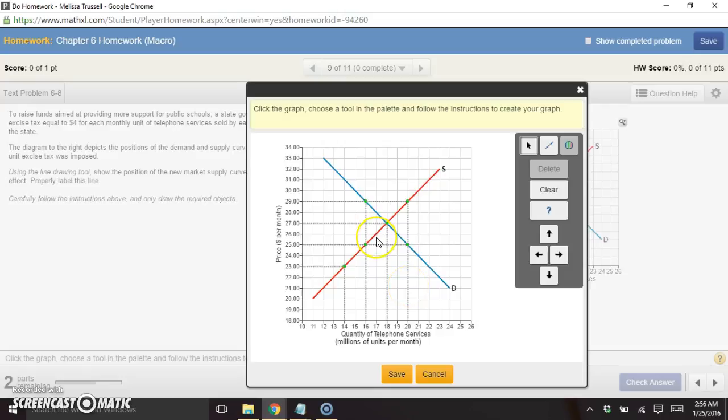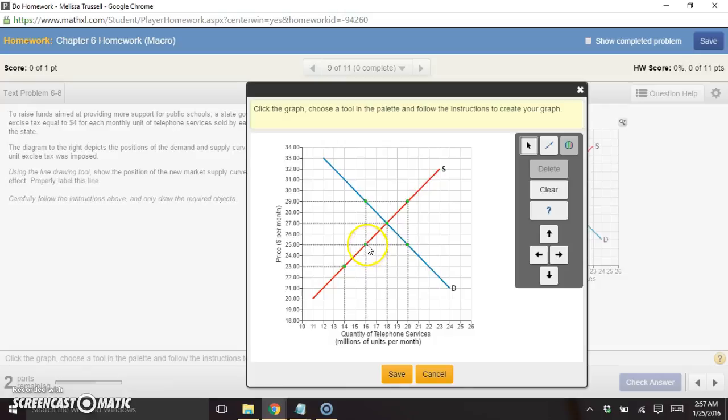So the question now is, how far to the left does the supply curve shift? And since we're told that there's a tax equal to $4, we know now that the cost to provide the telephone service is now $4 more expensive than it was before, because now the suppliers not only have to pay their regular costs, but they're also having to pay $4 to the government in taxes.